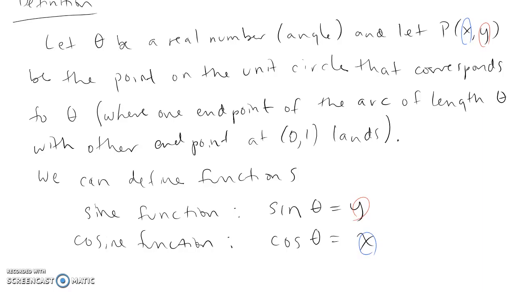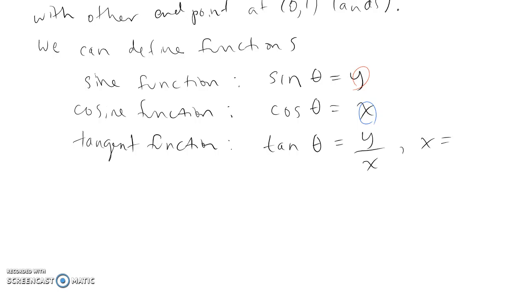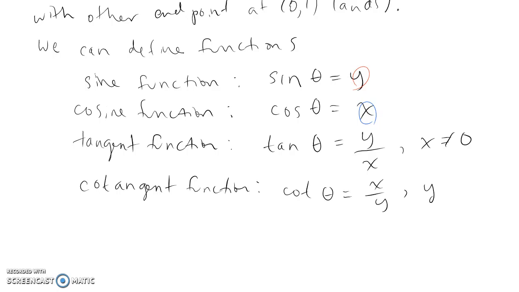All right, now we can go even further and define 4 other functions. We can define what we call the tangent function, abbreviated tan theta. That is y divided by x, where x does not equal 0, of course. We can talk about the cotangent function, which we abbreviate cot theta, is x over y, where y does not equal 0.